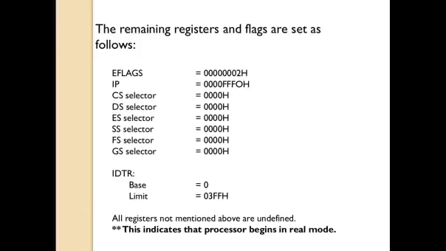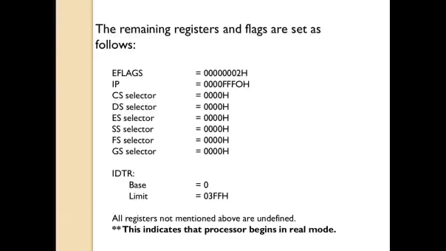Next, the remaining registers which we have with the 80386 are set to some predefined values. So here are the values. EFLAGS, the value after reset in EFLAGS is 00000002H. So 2H is the value in the EFLAGS. Then IP, the instruction pointer, will point to the first instruction to be executed after reset. The address is FFF0H.